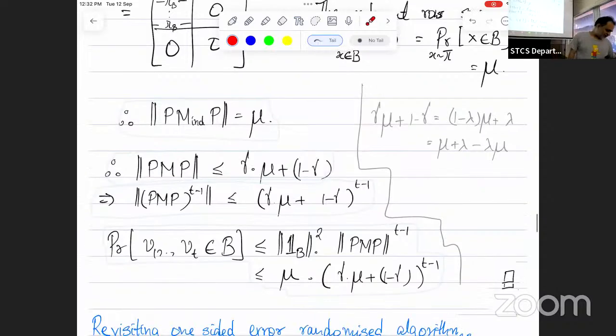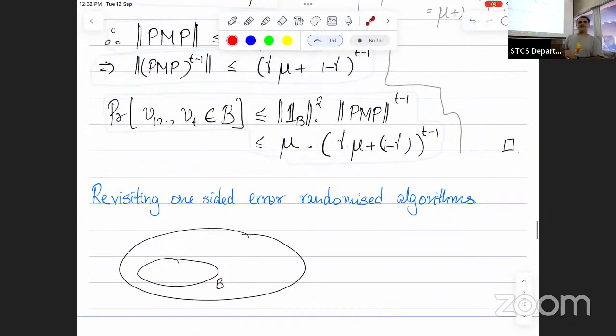Good. So now let's revisit our randomized algorithms question. We had a randomized algorithm that had error half, and we were thinking of running the algorithm t times, and hoping that one of these t runs falls outside this bad set. So as usual, let's fix some input x.